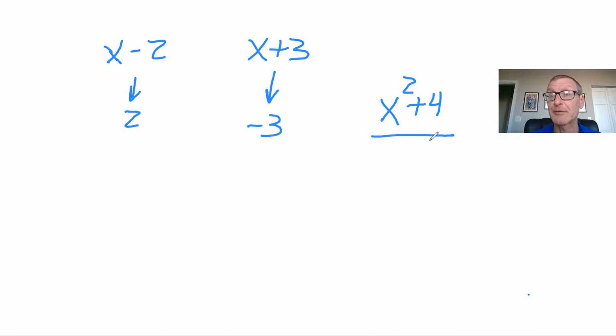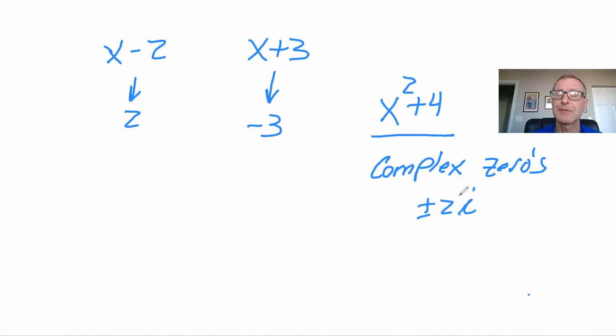Here's a quadratic that we would divide by, and in the next section we're going to talk about complex zeros, as they're called. You would see that this would end up being plus or minus 2i. The only way to reduce the polynomial with division when it's not linear would be long division, so you can't just throw away long division. But you'll see that most of the time we'll be able to use this synthetic division approach.